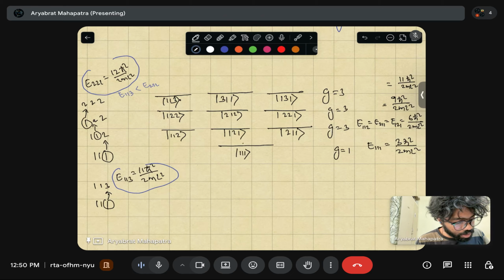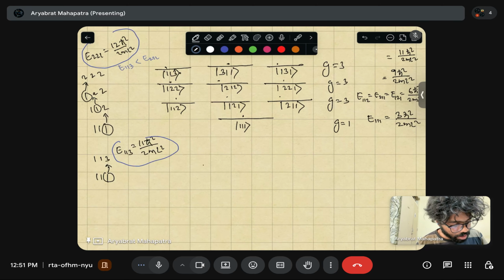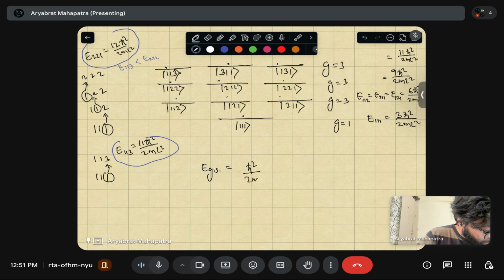Each of these will have one fermion. So your total energy now, for the ground state, will be h bar square over 2 m l square times: 3 for the lowest energy level, then 3 times 6 for the next successive energy level, then 3 times 9 for the next, and 3 times 11.